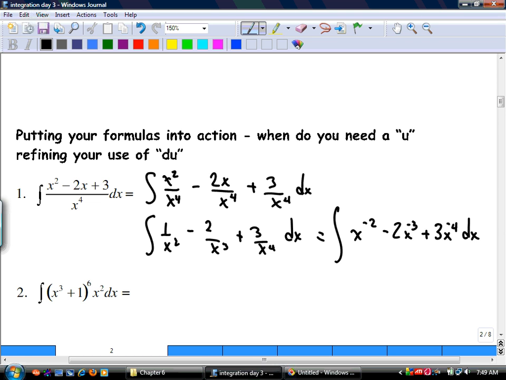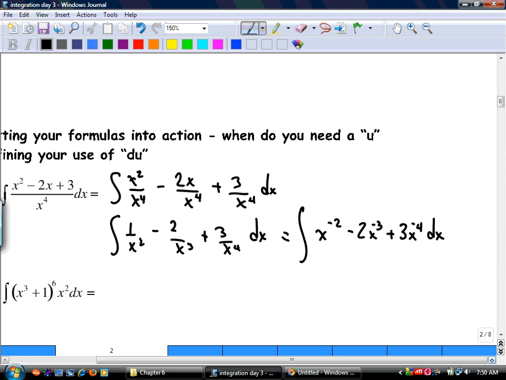So the antiderivative of x to the negative 2 is? Add 1, negative 1, divide by negative 1. Add 1, negative 2, divide by negative 2. Add 1, negative 3, divide by negative 3, plus c.